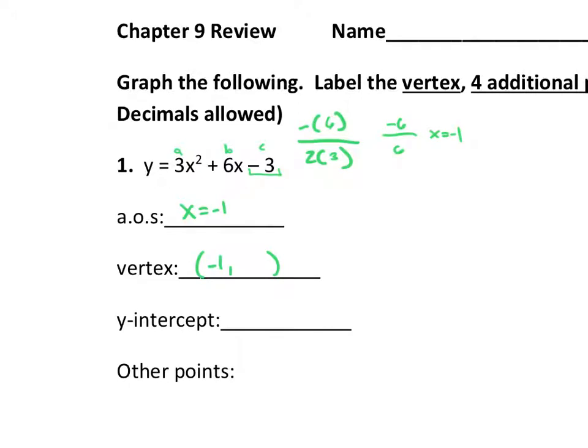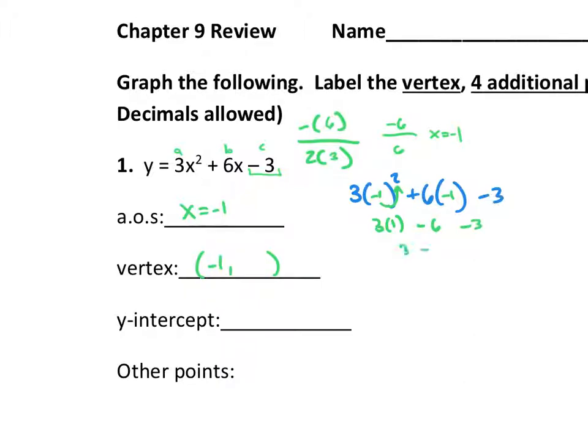So then what we'll need to do, and this is true any time we have an x-coordinate and we're looking for a y, is plug that x-coordinate back into the original equation. So in this case, we're plugging in negative 1. So we'll get negative 1 squared to get a positive 1.